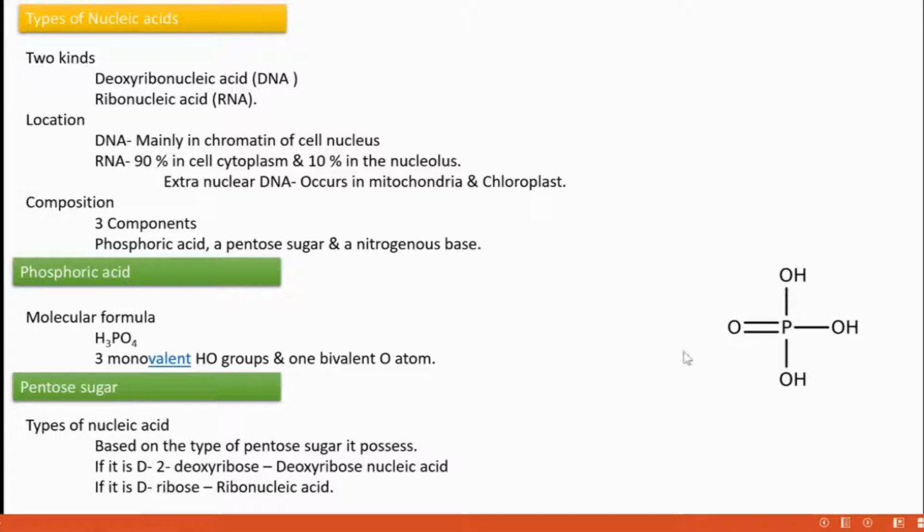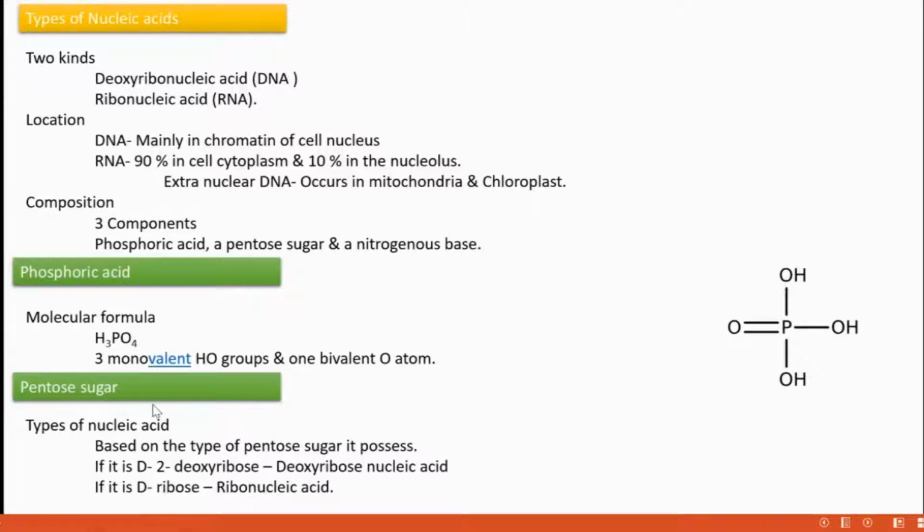Since these OH are monovalent, 3 monovalent OH groups we can find here, and also one bivalent. Bivalent means oxygen's valency is 2, so 2 bonds are forming here. I need not bother much about the structure; only need to understand that phosphoric acid has 3 monovalent HO groups and 1 bivalent O group. Phosphoric acid, only that much is there.